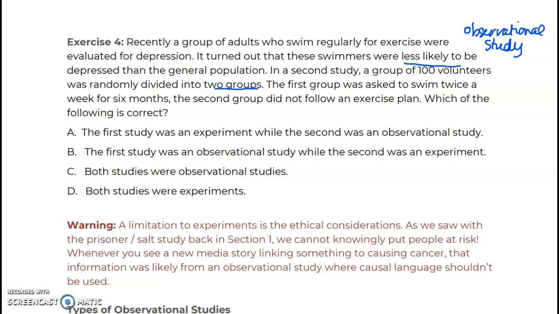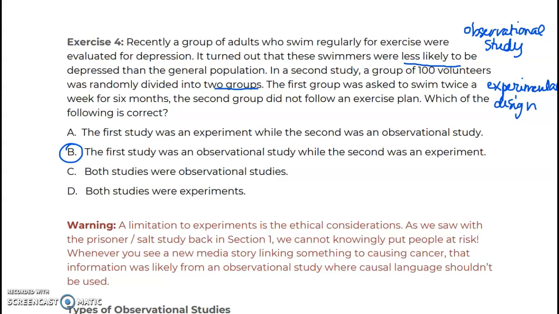Oftentimes within an experimental design, people are divided into different groups, at least for a good experimental design. We definitely wanted to see whether exercising will make a difference compared to the no exercise group. So this is an experimental design, which leads us to answer B.